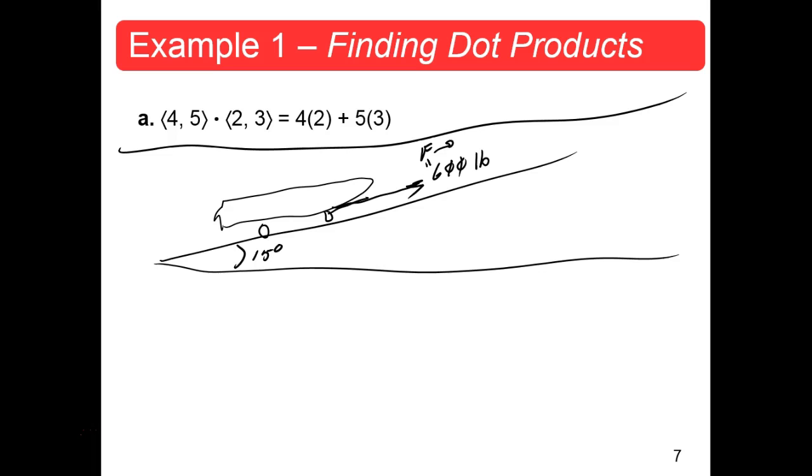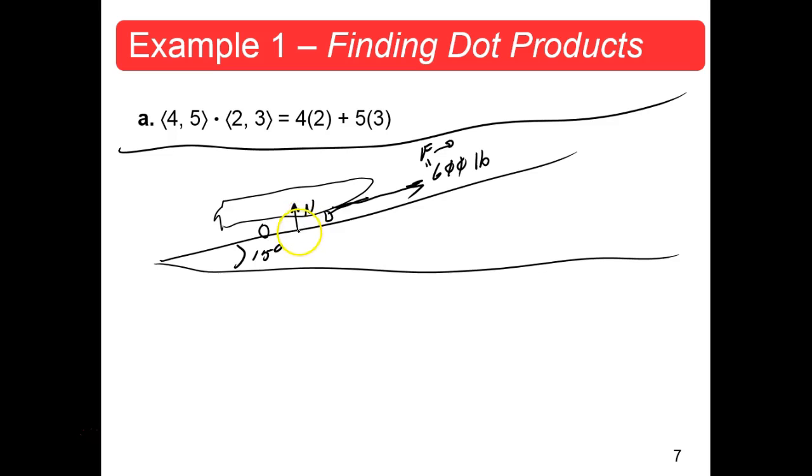Ugh. How in the world would we do that? Well, here's how. We break the components of the forces down. The ramp is pushing up at the boat with what we call a normal force.